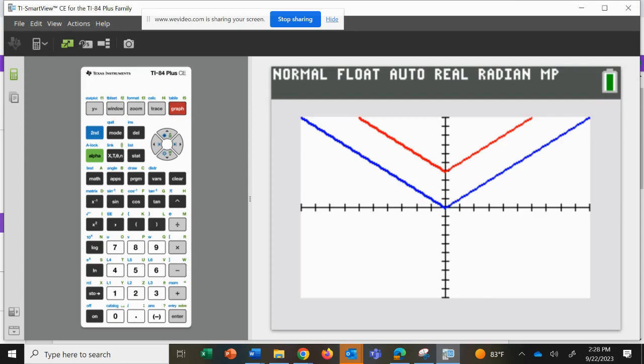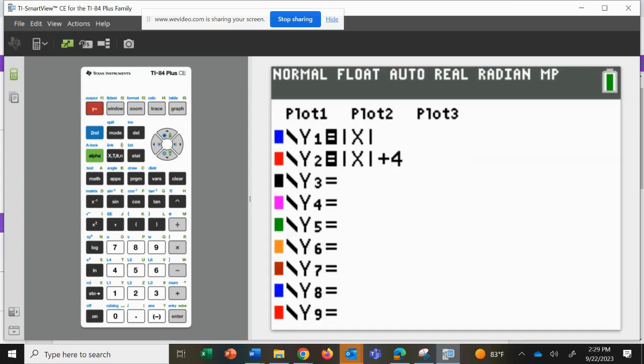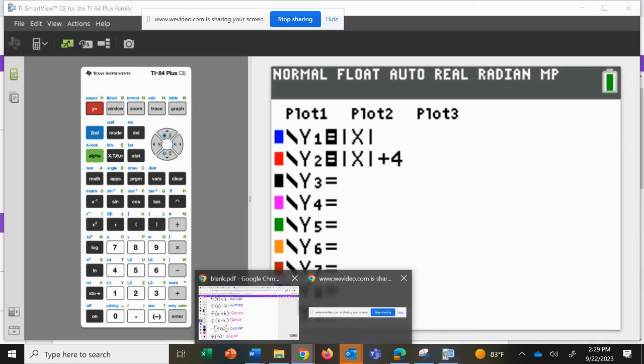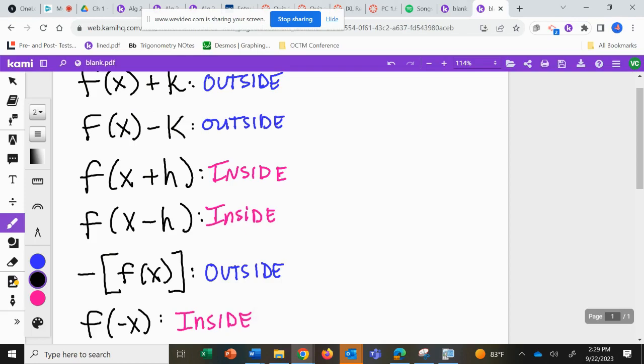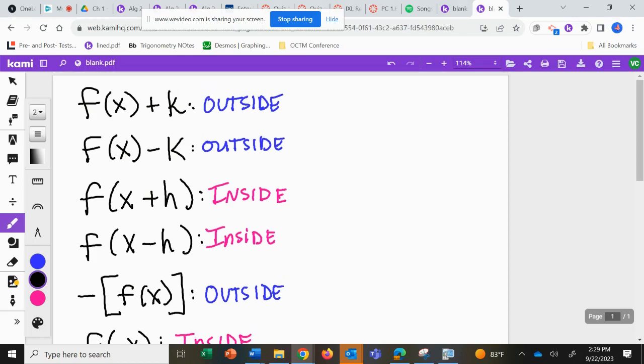And now my red one, my Y2, it's higher up. It starts higher up. How much higher up does it start? 4. I wonder if that's because I put plus 4. Coincidence? No, it's not. Okay, so we had our notes, and you were supposed to write down, if we are on the outside of a function, what's that going to do?